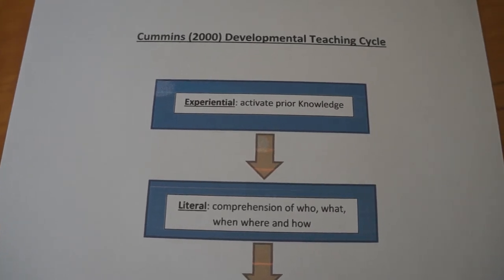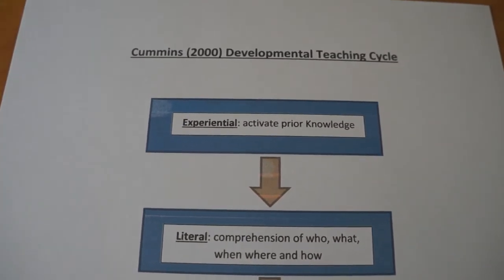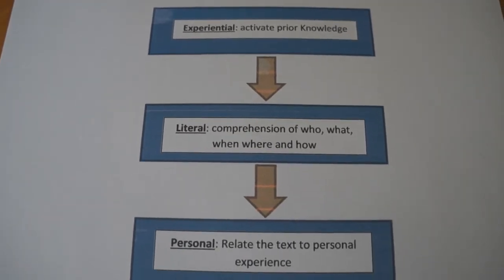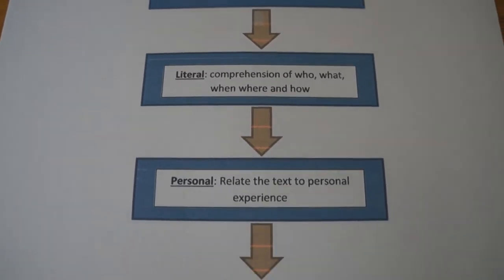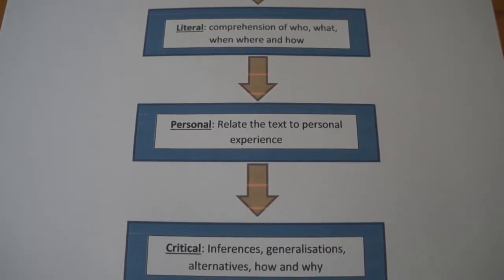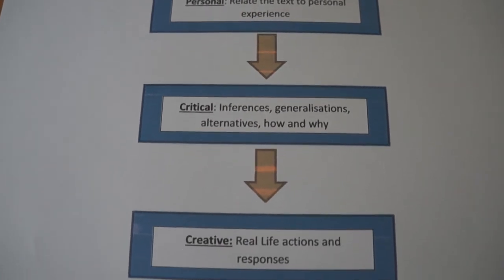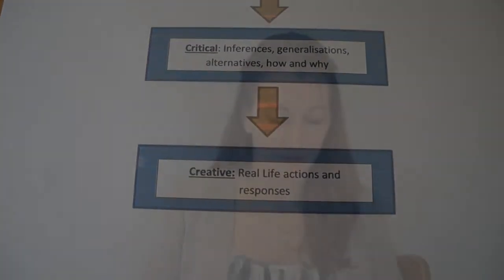It starts with experiential, and that's activating the prior knowledge, for example, the KWL charts. It then goes on to literal, which is the comprehension of who, what, where, when, how. Then it goes on to the personal, the critical, the creative.